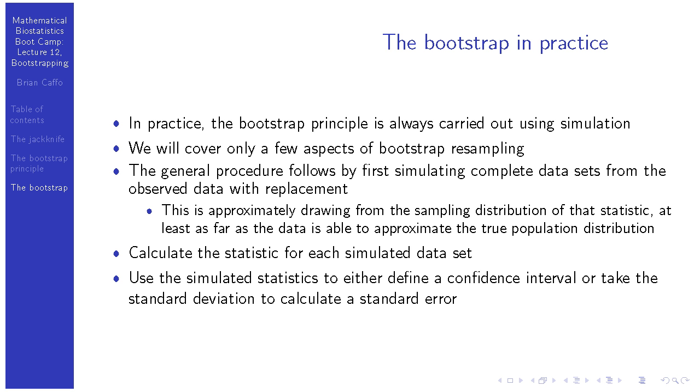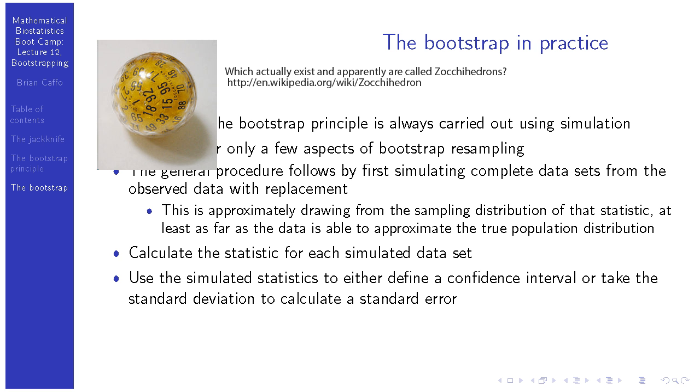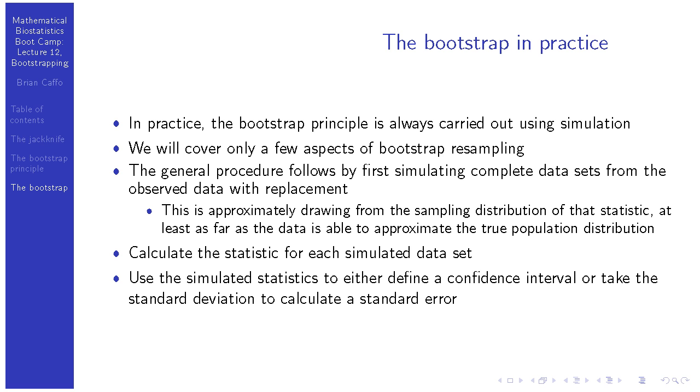So think about if you actually knew the distribution and could sample from it, how you would get to know the distribution of, say, something like the median if you couldn't do the math, which, for most statistics, you can't do. Even mathematicians can't do the math. So let's say, for example, I create a distribution. Let's say I have a 100-sided die, and that 100-sided die has probability 1 over 100 for each side of the die.